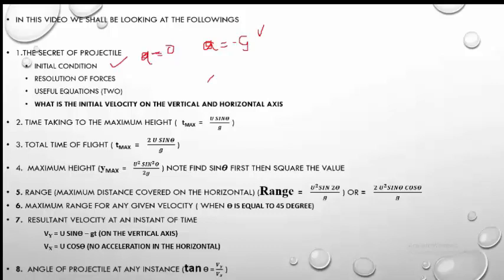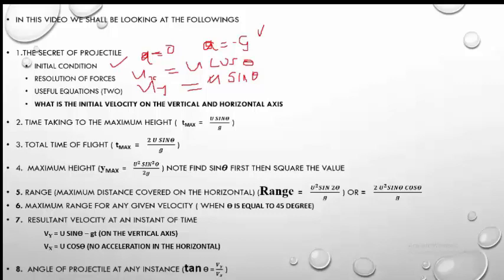Then resolution of forces: ux, the initial velocity on the horizontal axis, will be u cos theta, and then on the y-axis, uy will be equal to u sine theta. This is the initial velocity. Then when we are now saying what is the velocity at time t, we have explained that. You can go back to the video and check that.